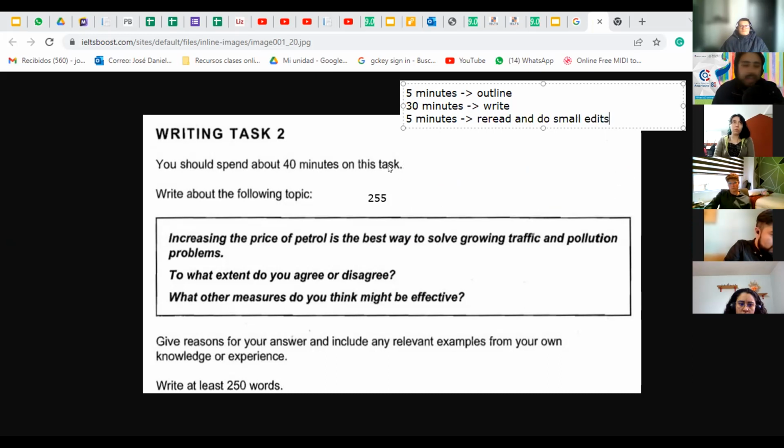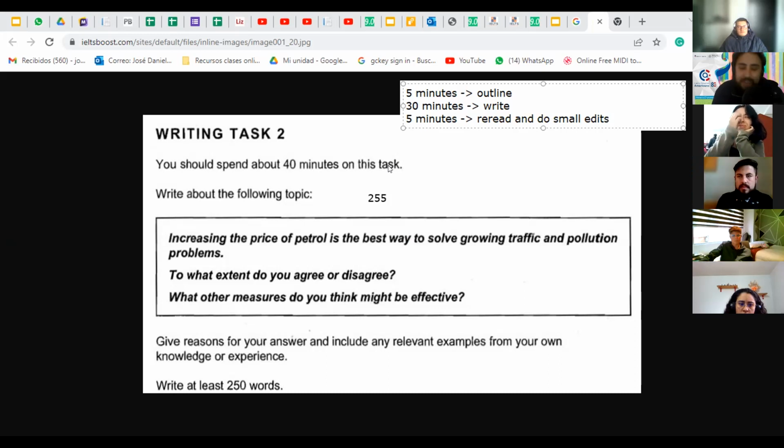You won't have time to rewrite everything or to say like, you know what, this is not quite what I meant. Let's delete all of that paragraph and rewrite it. You will not really have time for that. You wouldn't probably have time to write like a draft and then pass the definite version. It's too little time. 40 minutes is not enough to do that.